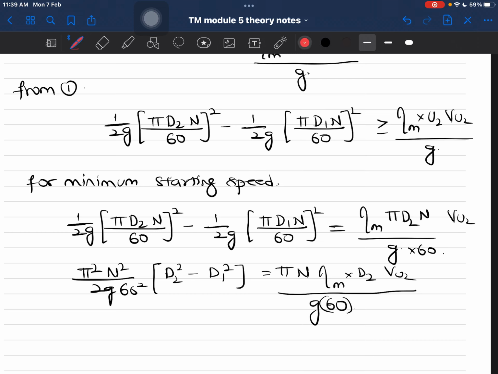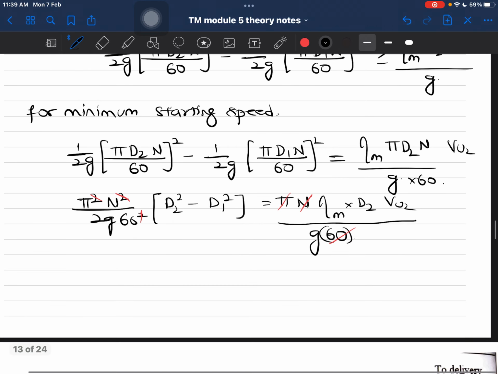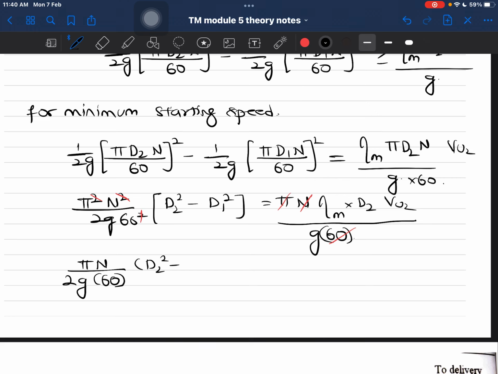Now whatever things get cancelled, I'll cancel those now. N cancels, pi cancels. So whatever is left, it is pi N divided by 2g into 60, into d2 square minus d1 square, equal to eta manometric into d2 VU2.